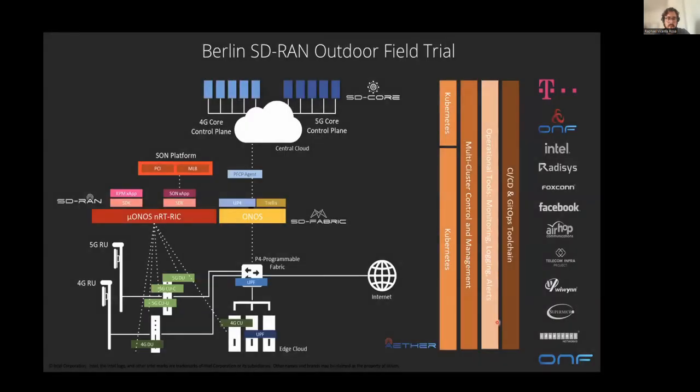Another one, like mentioned yesterday, is the SD-RAN outdoor trial that was hosted in Berlin at Deutsche Telekom. It was a setup of different partners to deploy, centered mostly on the SD-RAN project to enable the programmability of the RAN components.